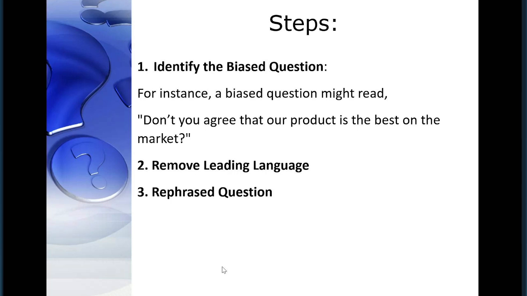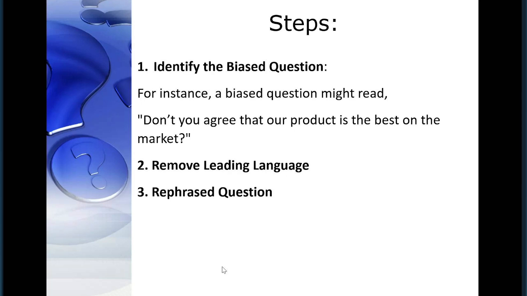Now you can remove leading language. What is leading language here? Identify and remove it. So you can rewrite the question to remove the bias and lead. You can use neutral phrasing that doesn't imply an expected answer. Then you can rephrase the question. And the rephrased question could be, just think for a while. Yes.